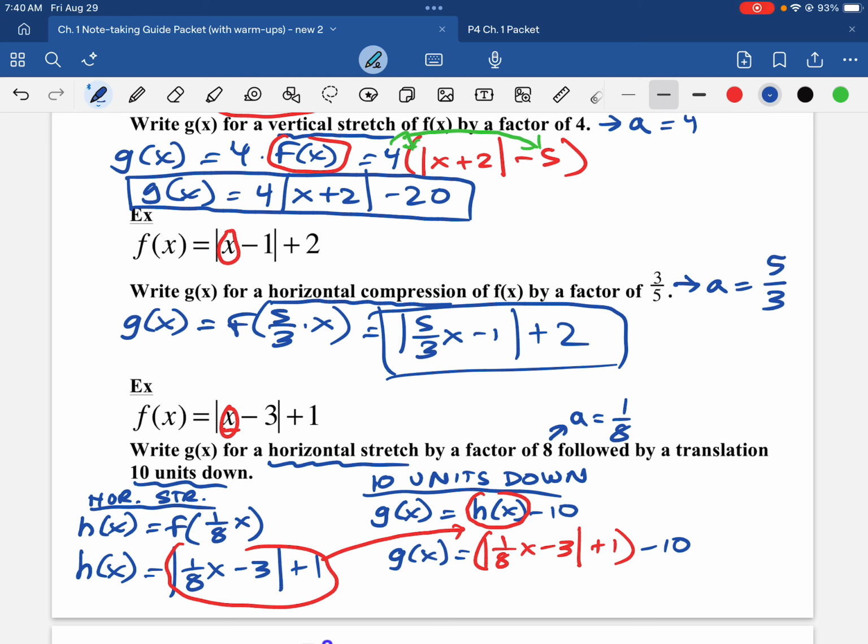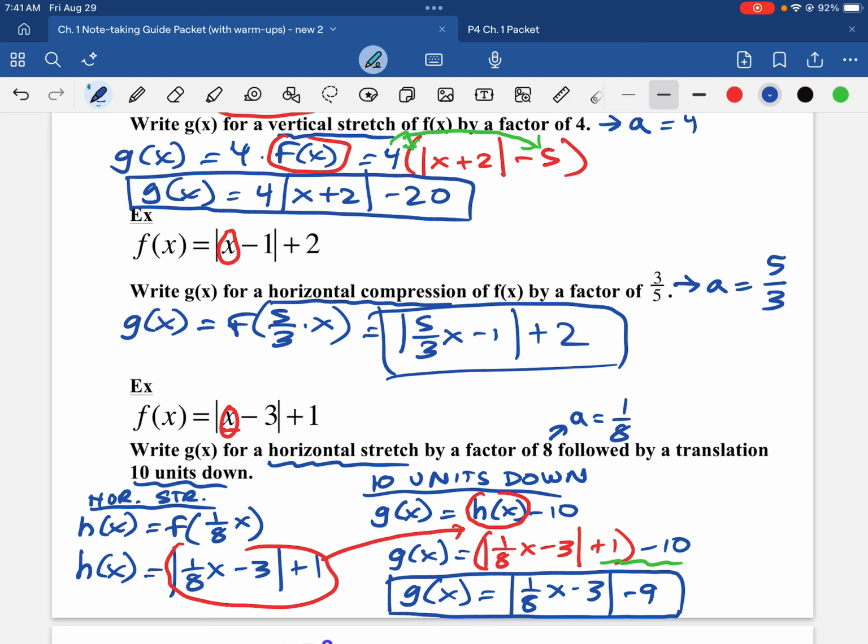Okay, and this would look the same without parentheses. That means we just have to combine the 1 and the negative 10. And I've got absolute value of 1/8 x minus 3 minus 9. Okay. All right. Let's get to some graphing.